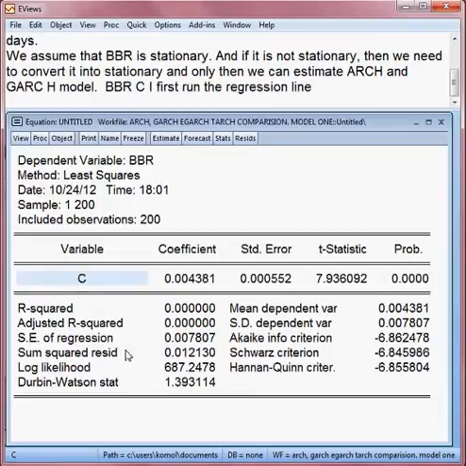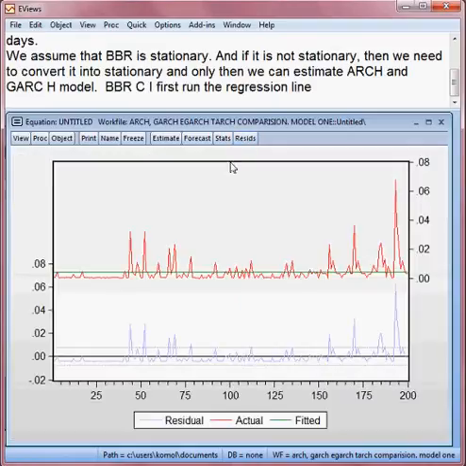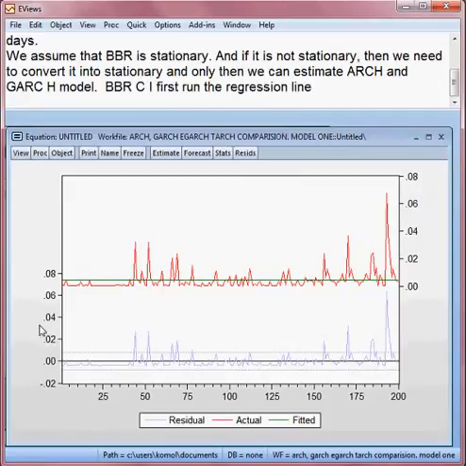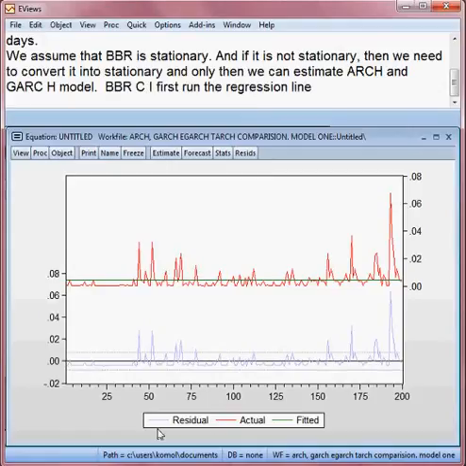Then I check the residual of this model. So where is the residual? You can see from here, it is the residual of this model. So I click on the residual, and it comes up here. The residual is this one, the blue color.